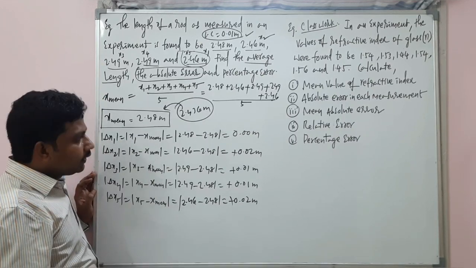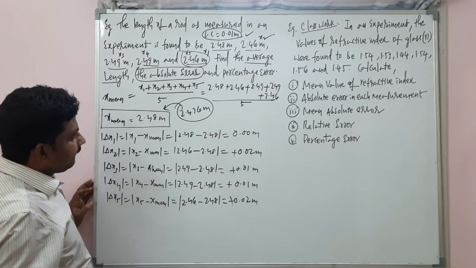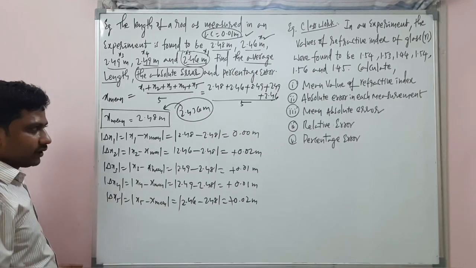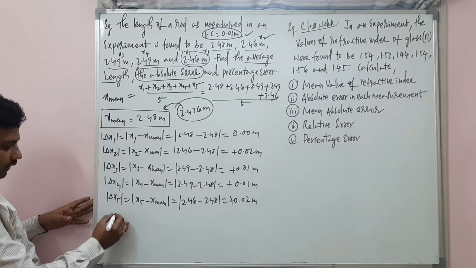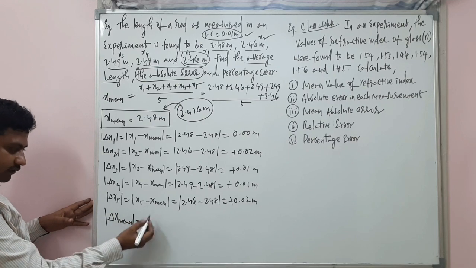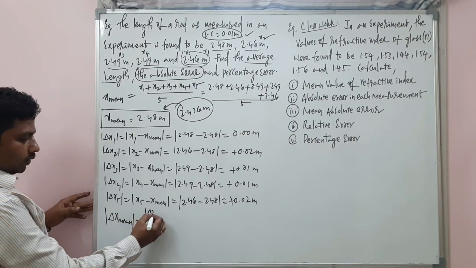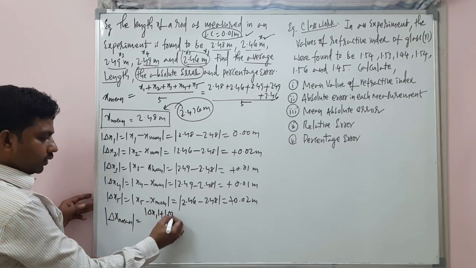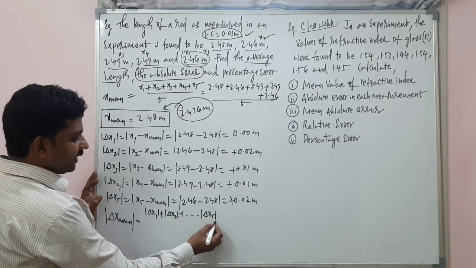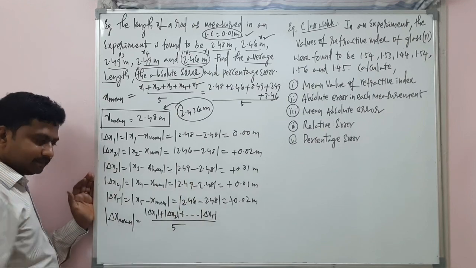Alright. Now, mean absolute error, okay, fine. So delta x mean, that is mean absolute error, will be mod delta x1 plus mod delta x2, and so on, mod delta x5, divided by 5.